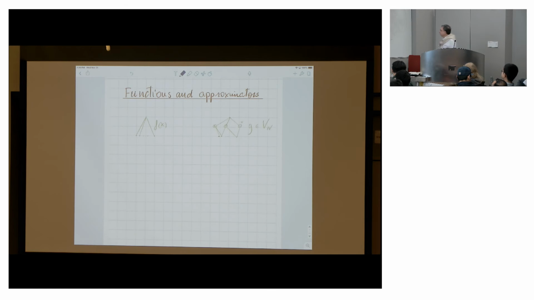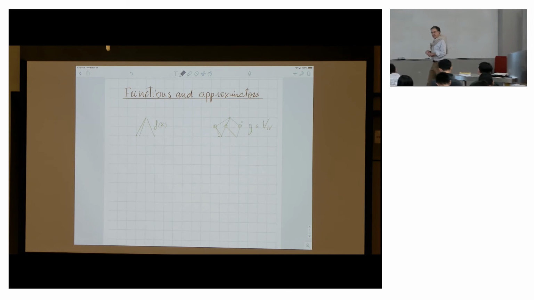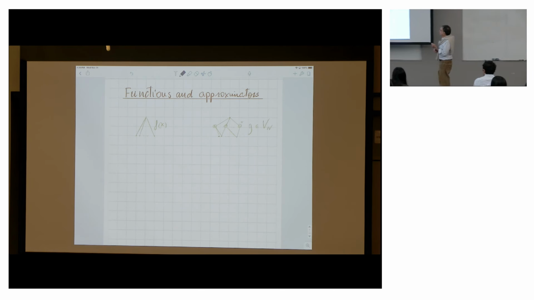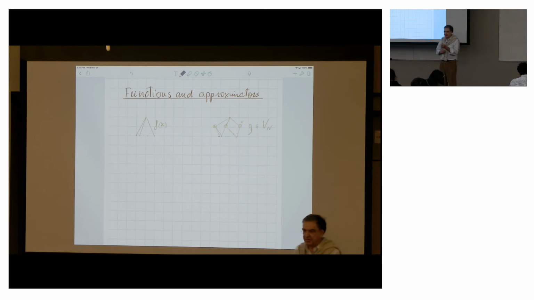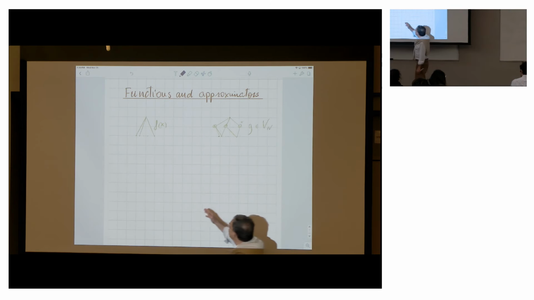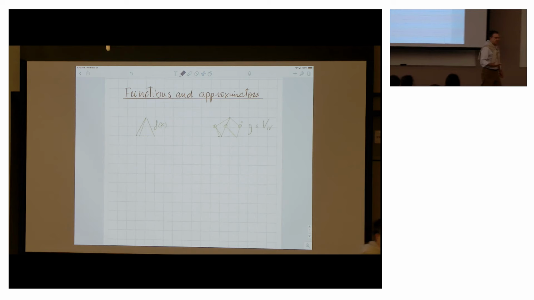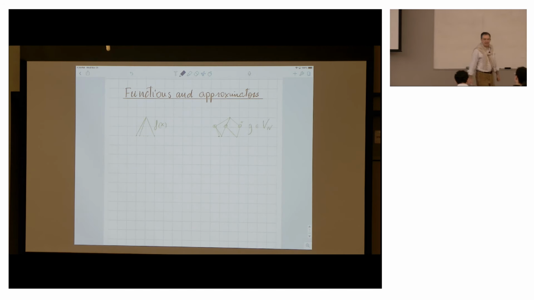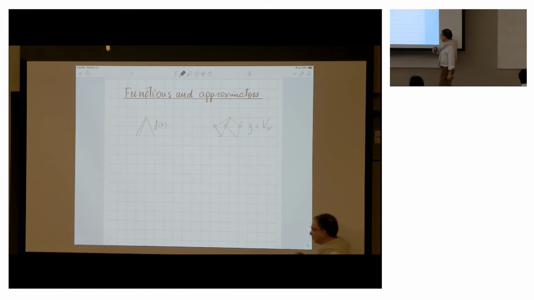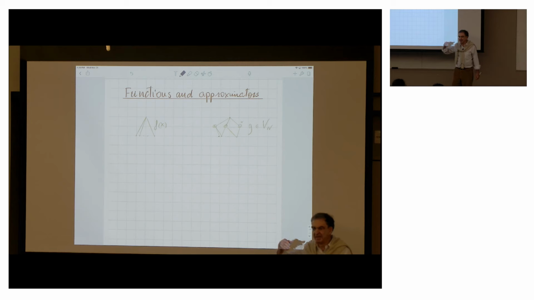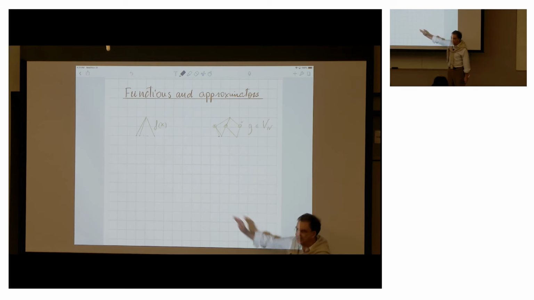Okay, so first of all, let me introduce a couple of very simple ideas about functional approximation. So in functional approximation, you have typically a function space that you want to approximate, say the space of continuous functions, for instance, and another space, which is the space of the polynomials or the parametrized schemes, or in our case, the networks you want to use to approximate the function, okay?